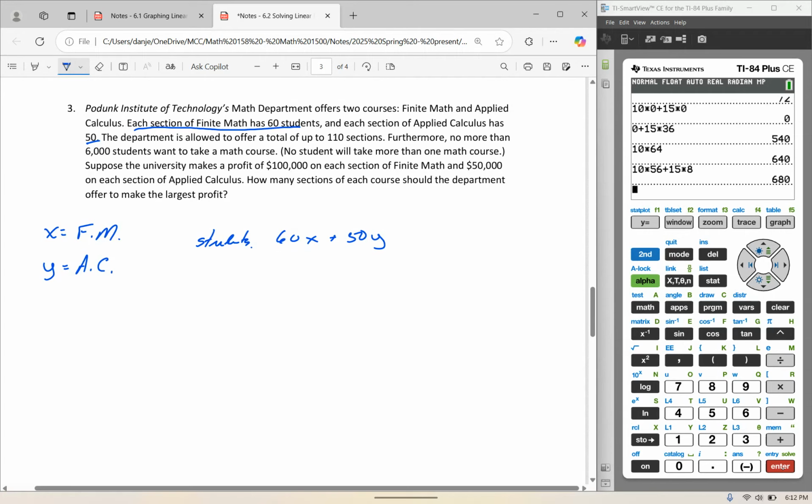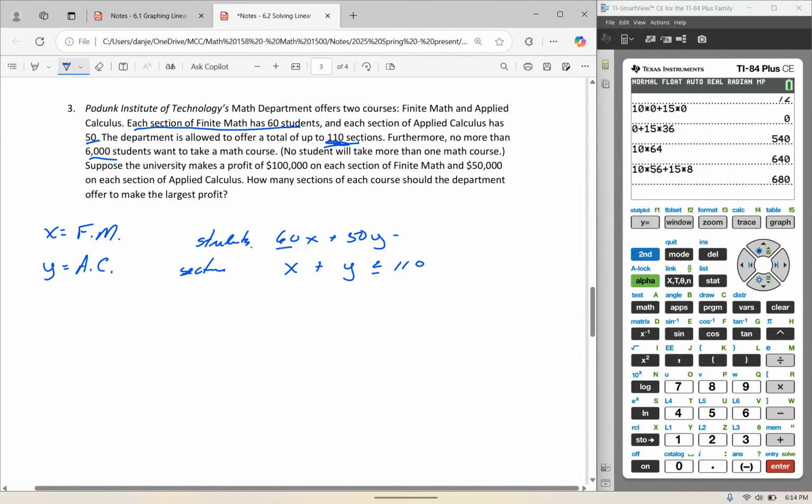The department is also allowed to offer a total of 110 sections. There's going to be X sections of finite math and Y sections of applied calculus. Furthermore, no more than 6,000 students want to take a math class. The department is allowed to offer a total of up to 110 sections. So X plus Y has got to be less than or equal to 110 sections.